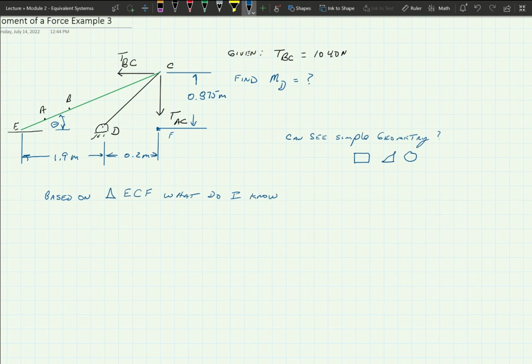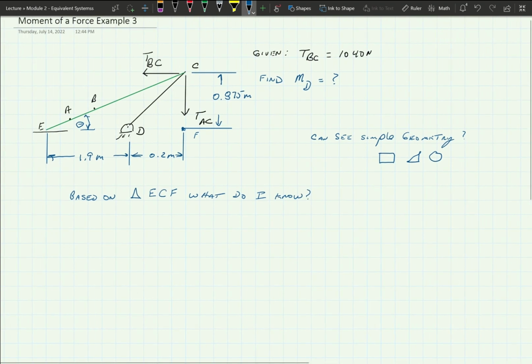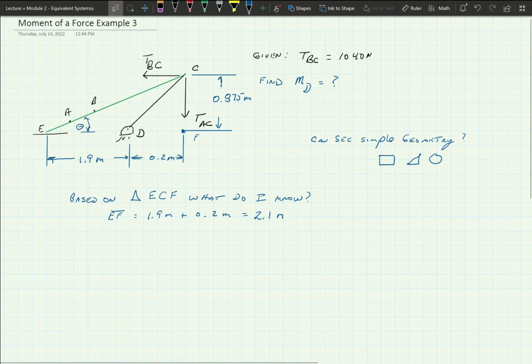What do I know? Well, I know I could figure out what the EF line is, and that's going to be equal to 1.9 meters plus 0.2 meters, and I should get an answer of 2.1 meters. And I know what CF is. Cool. Can I find what's going on elsewhere with that? Yeah, I could go find EC.